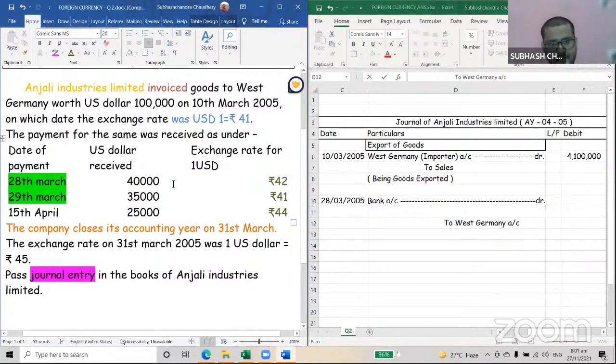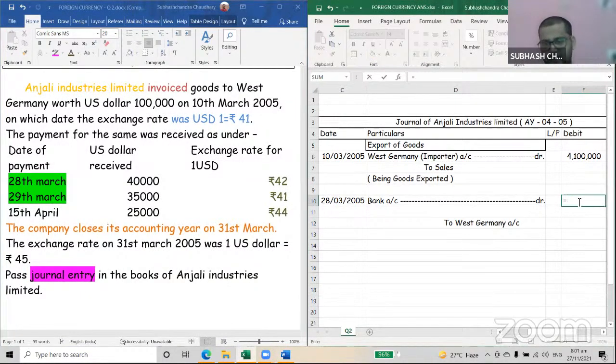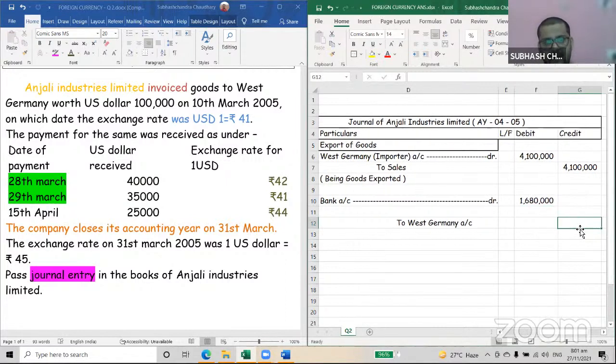Now see, dear friends, in bank account you will be getting 40,000 multiplied by 42, which is 16,80,000. But in the case of West Germany, we will record it at 41 only, because you have posted total sales value at 41 here.